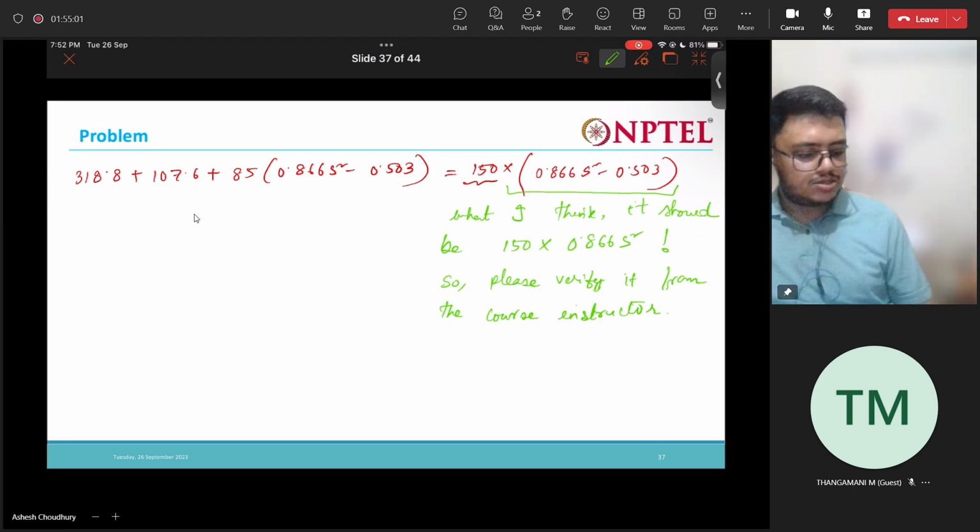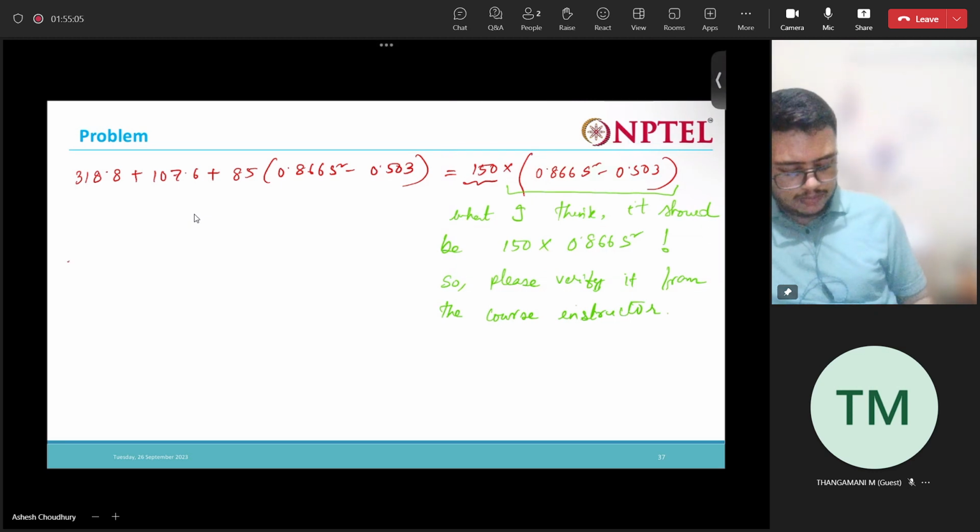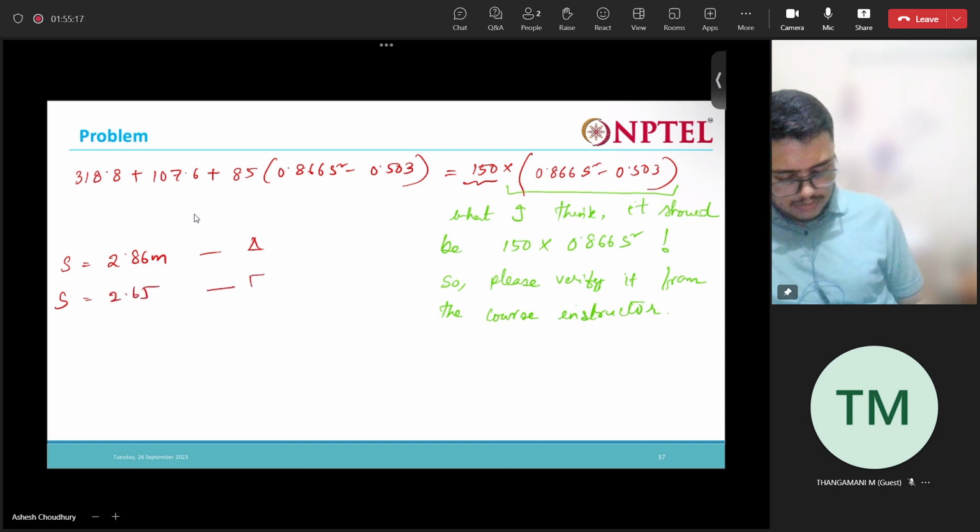For triangular, they have got s as 2.86 meter, and for square they have got 2.65 meters. Okay, so now we can determine the approximate number of columns.